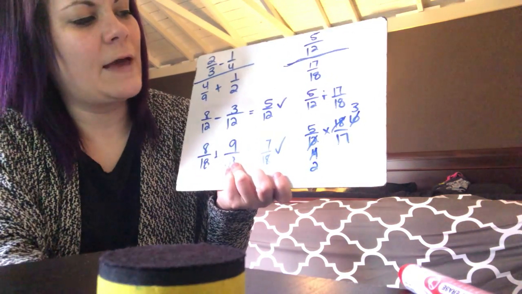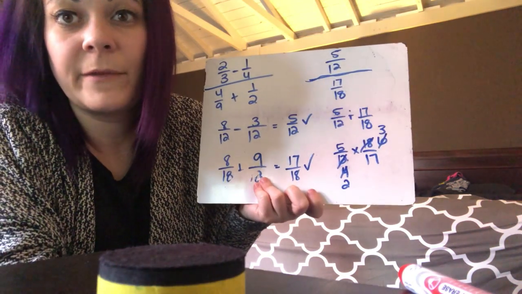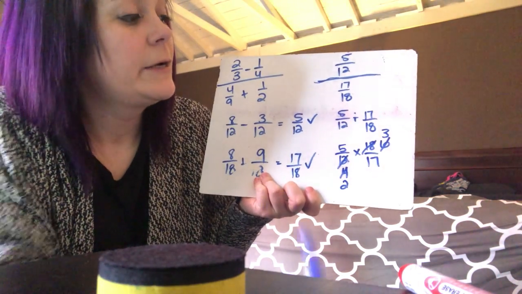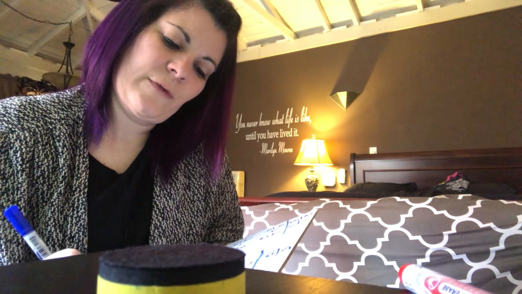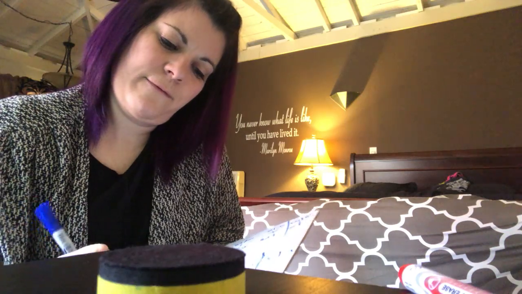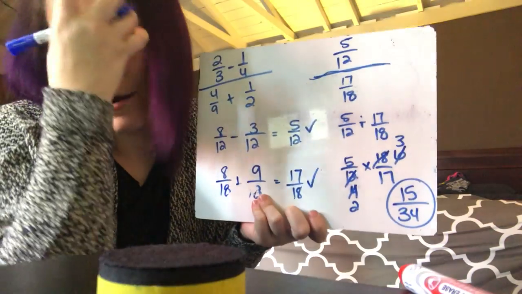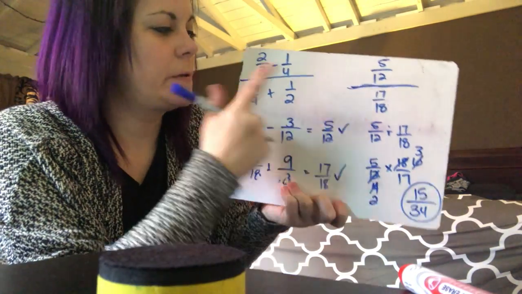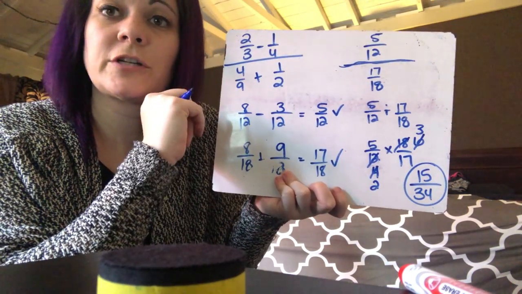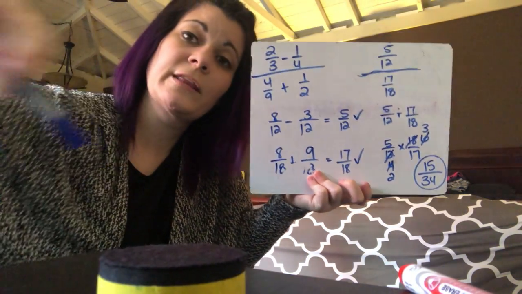Can even reduce more than that. 12 and 18 have 6 in common. I could have cross reduced there. So now I can do it. 5 times 3 is 15, and 2 times 17 is 34. So we have our fraction 15 over 34 reduced down from this complex fraction. And that's the video on complex fractions. Thank you. Bye.